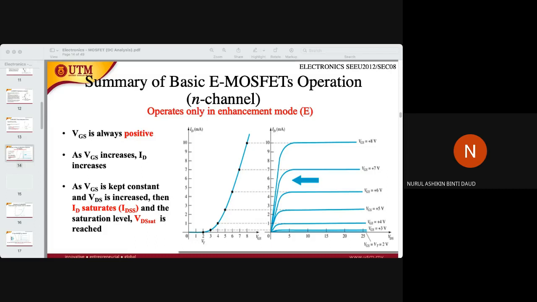If you look at this graph, there is a lot of information you can find. Other than K, you can also find the value of the threshold voltage. Based on this graph, the threshold voltage is at 2. So this is the value of VT. VGS takes values from any of these.